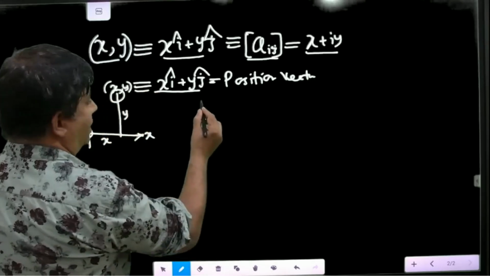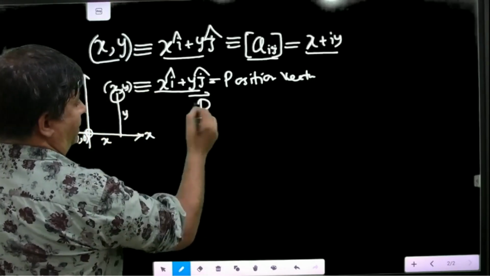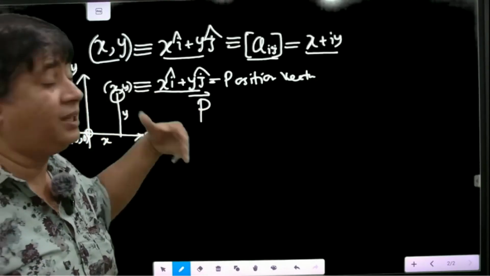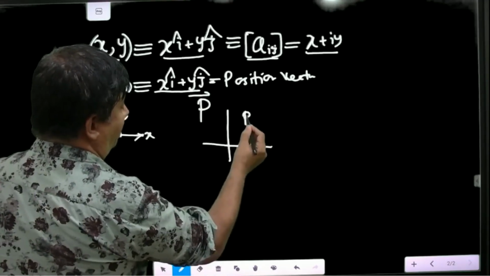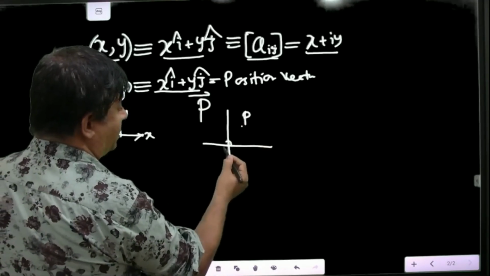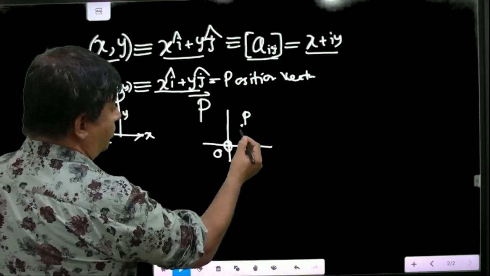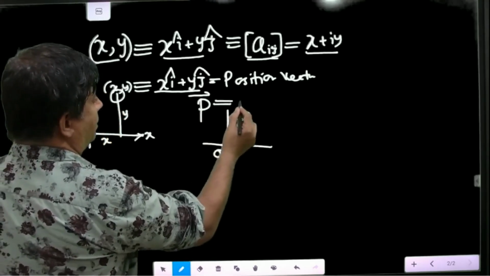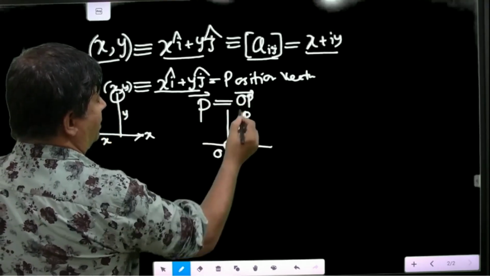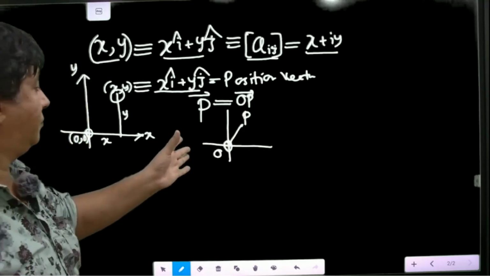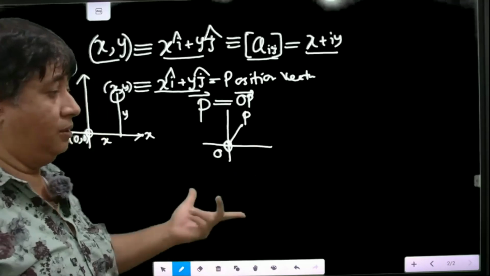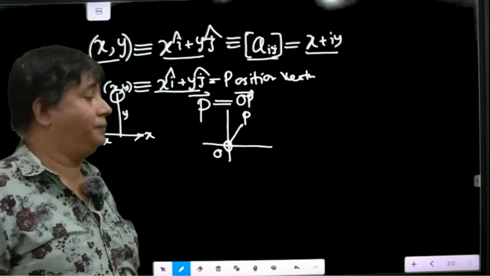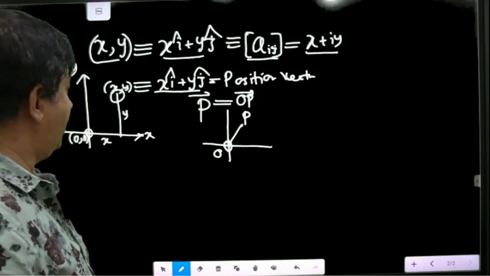That means, suppose there is a point like this, P. What is P? P is any point in vector space. It is measured with respect to O. OP. P means OP. It is measured with respect to origin. So this is called position vector of P.